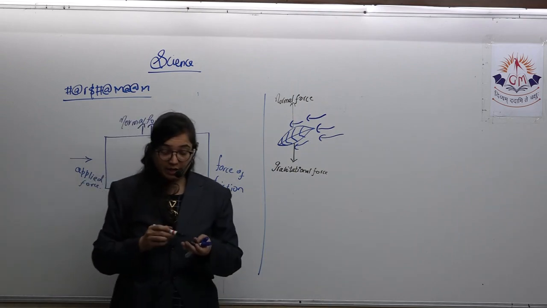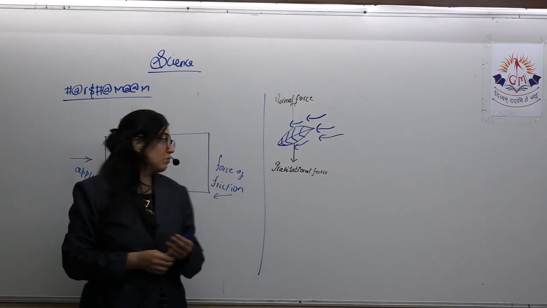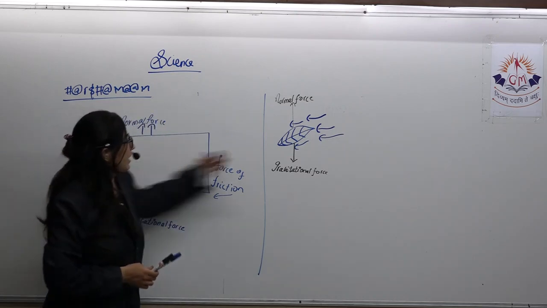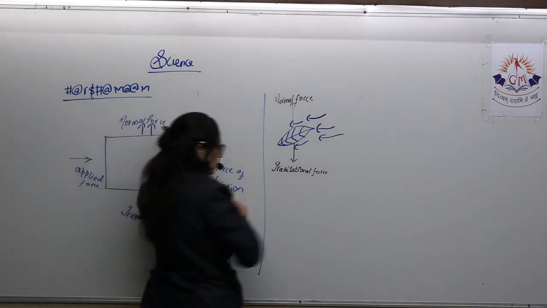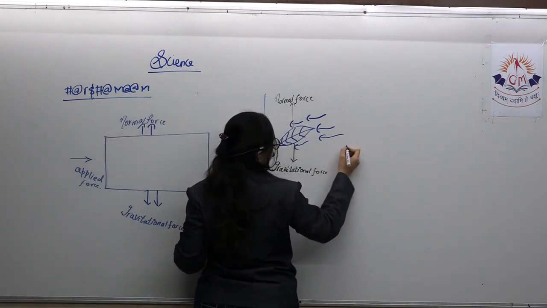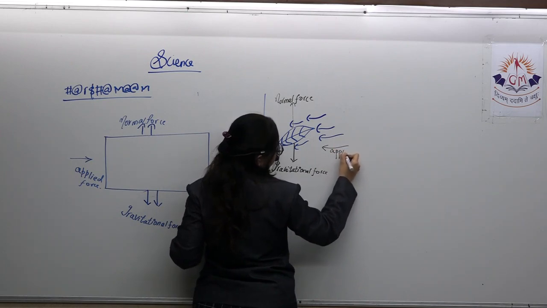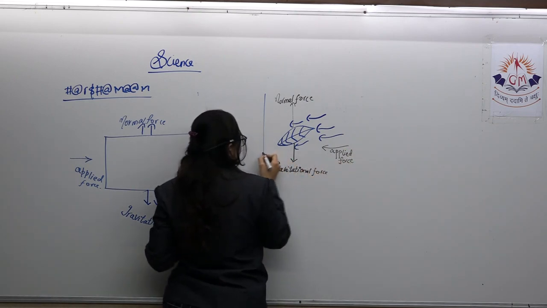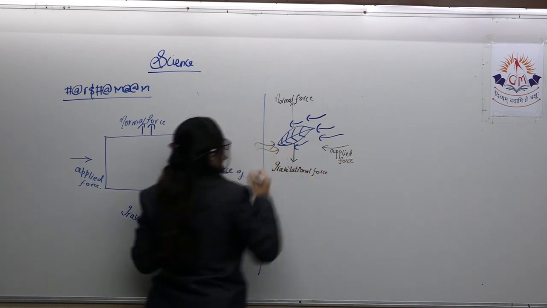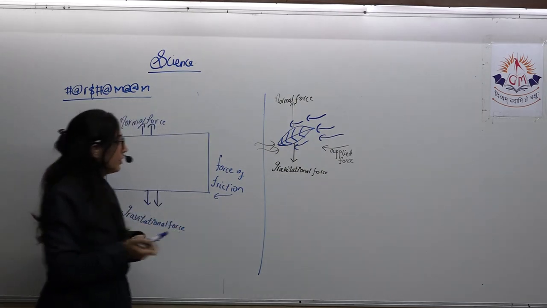Moving further, if on any object wind is moving in this direction, that is the applied force, then in the opposite direction air friction will be produced.